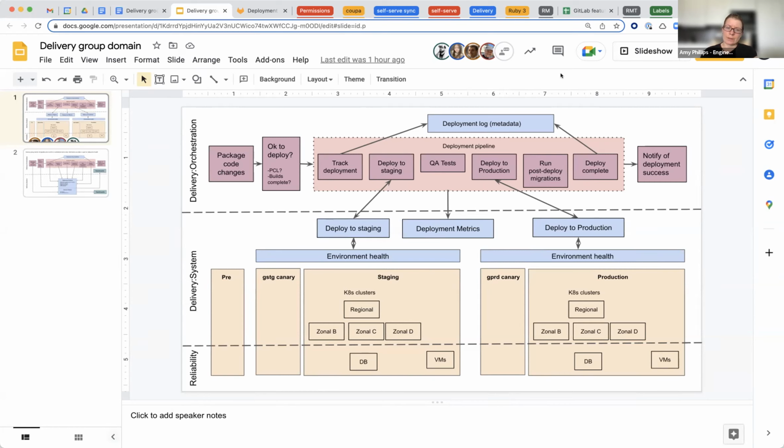I've been thinking about this as services that in no way exist right now, but which perhaps in the future give us a way to deploy to staging and a way to check environment health. It's perhaps a little less coupled to auto deploys than it is right now, but the system team has the ability to scale and grow the services we have in place to handle deployment of changes onto the environments we have.